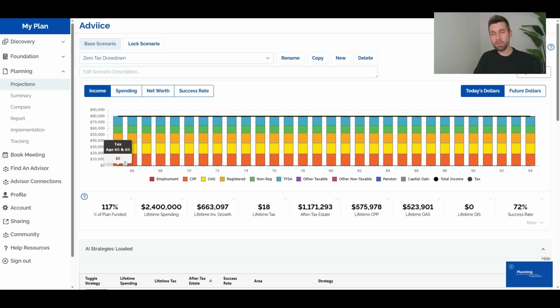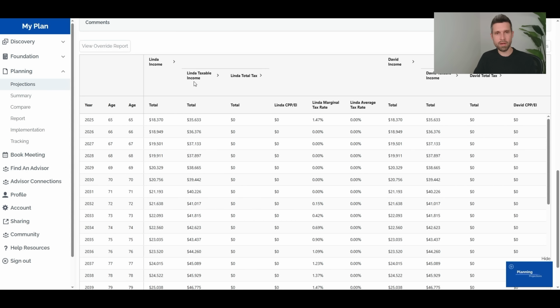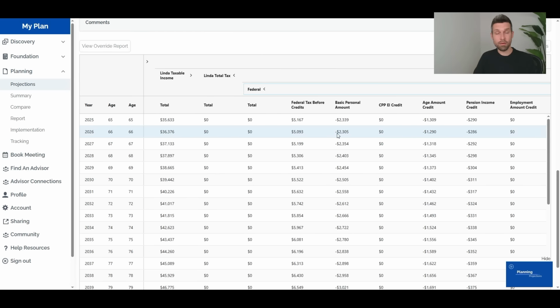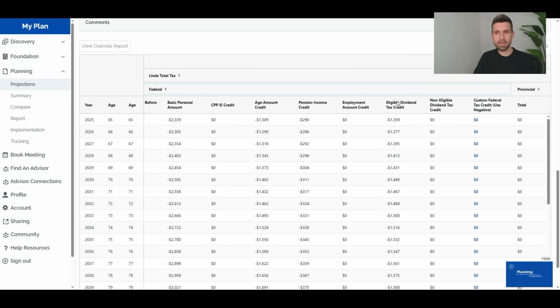If you can do this planning in advance, if you can take advantage of these tax credits, it can lead to some very favorable retirement planning opportunities. Let me show you where those tax credits show up here within the platform. If we go to Linda's total tax, and we open up the federal tax, and it will be the same on the provincial side, we can see the eligible dividend tax credit offsetting $1,300 of tax.